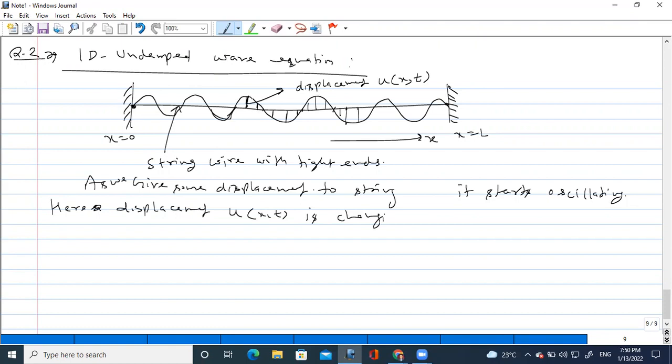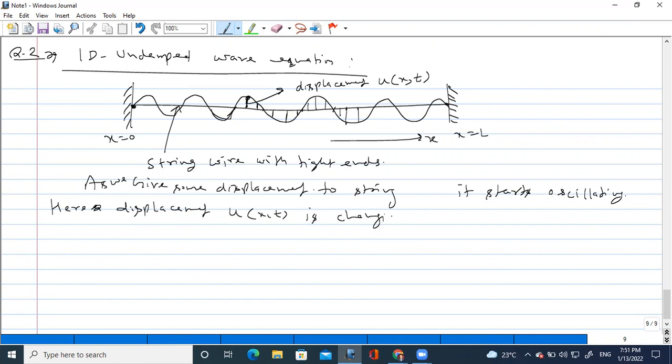Actually, the displacement of any point on this string is changing every time, and with position also. If you change the point position, then also it is changing. If you change the time at the same point, same position, then also it is changing.